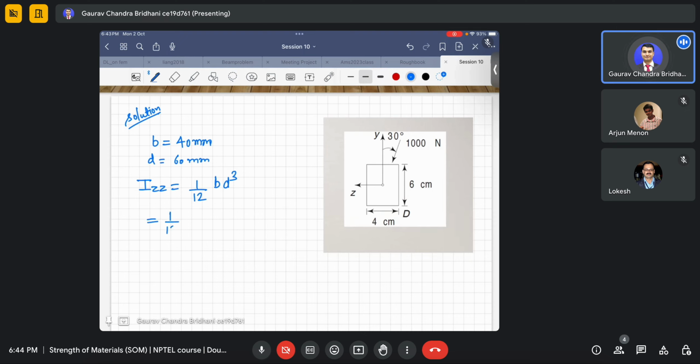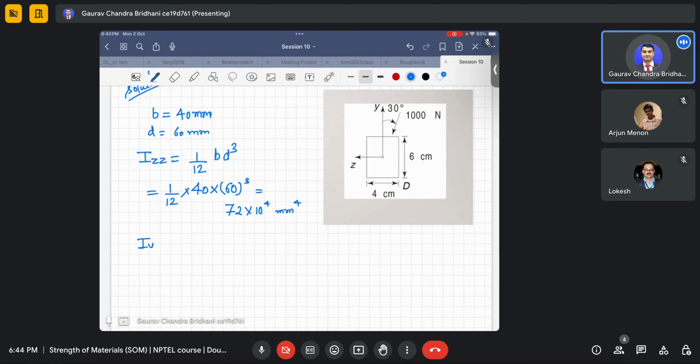So 1 by 12, B, the width, is 40, into D is 60 cube. What does this value come to? Can anyone calculate and let me know? It is 72 into 10 to the power 4 mm^4. Similarly I will calculate IYY.